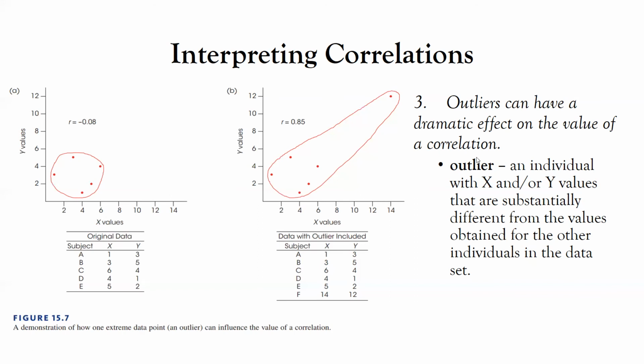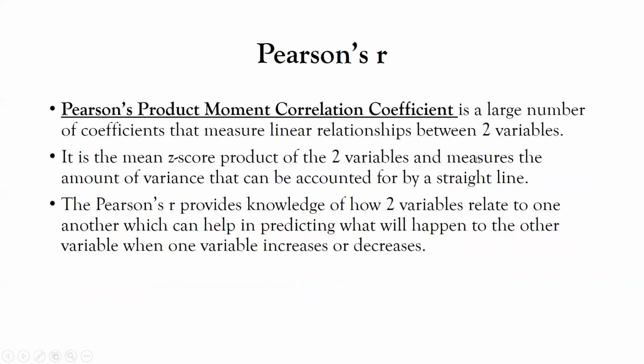Okay, next. Now let's go to Pearson's R. So what is Pearson's R? This is the first correlation coefficient that you will encounter. Its complete name is the Pearson's product moment correlation coefficient, and it's a large number of coefficients.